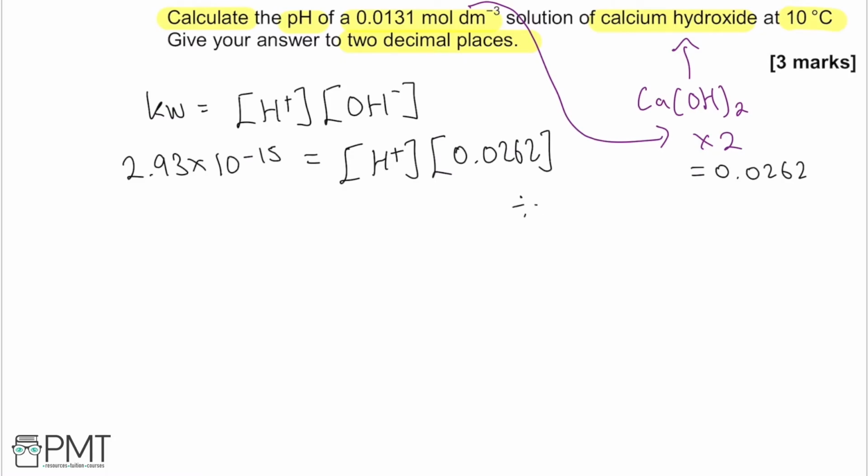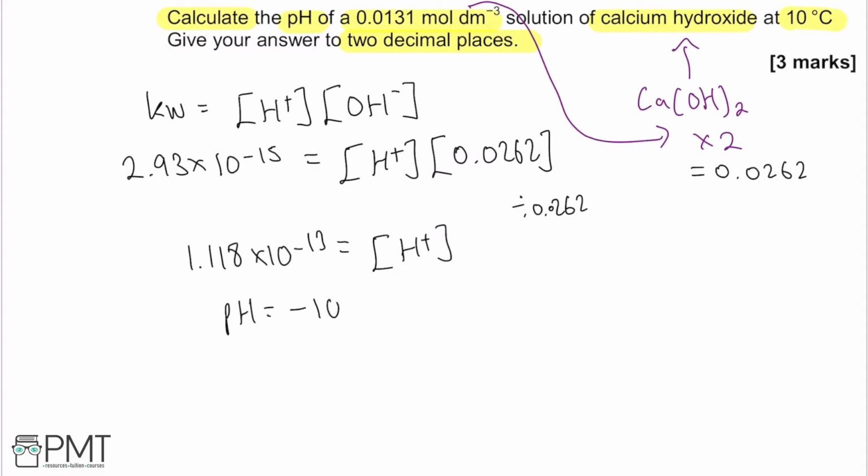So if we divide by 0.0262, we will get a value for H+ of 1.118 times 10 to the minus 13. And then if we use the pH equation by subbing in our value for H+, we will get an answer of 12.95 to 2 decimal places.